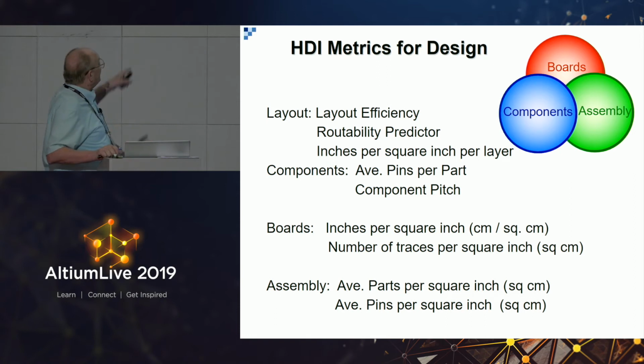And in assembly, they use average parts per square centimeter and average pins per square centimeter. These are universally used a lot and usually show up in your reports when you ask for a report on the design. But monitoring these numbers and implementing some of the newer metrics are measures of performance.